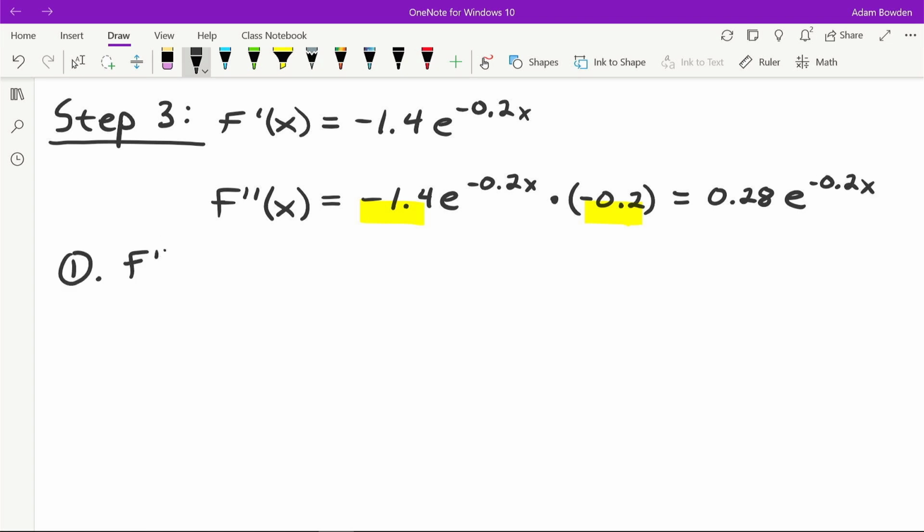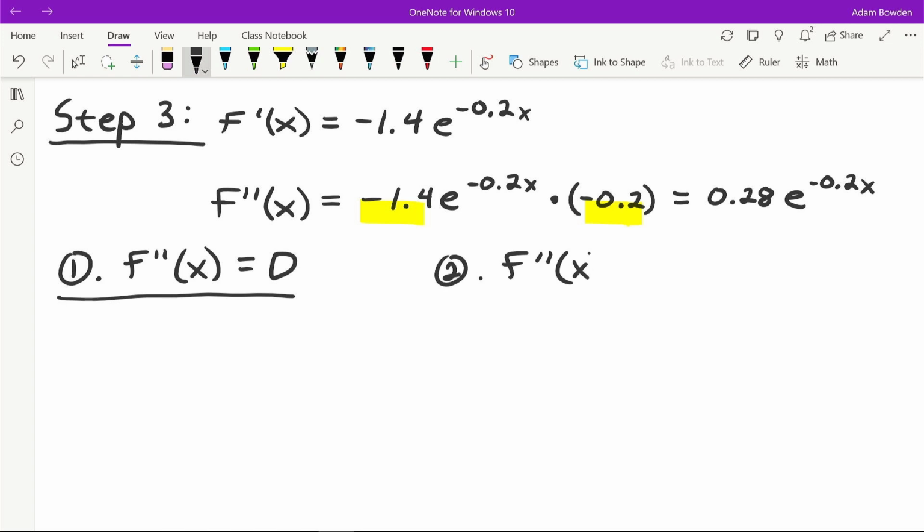So if we were to set it up like we did before with the second derivative equal to 0, or we ask the question, is there anything where the second derivative does not exist? We're actually going to find it's almost the same as the last derivative.